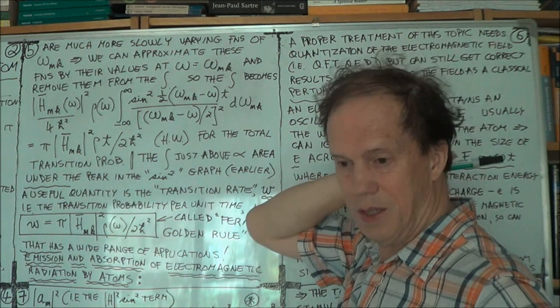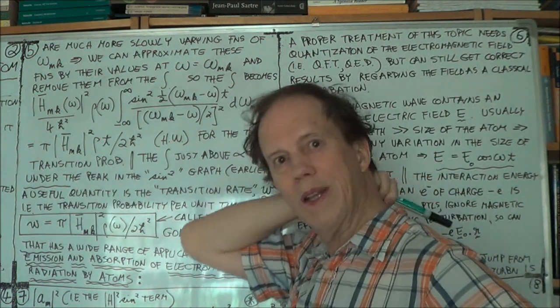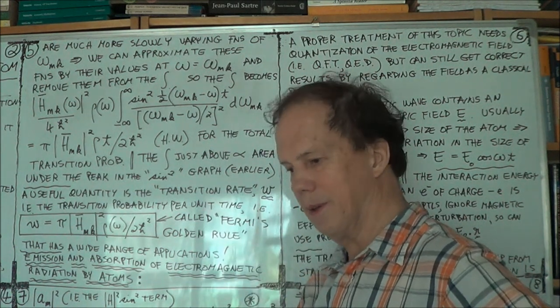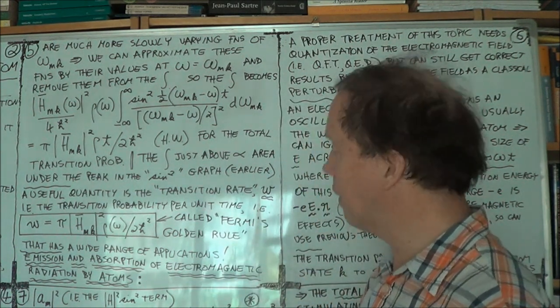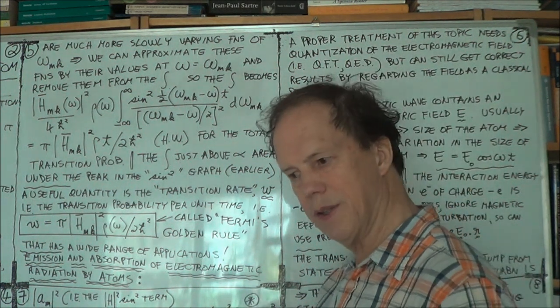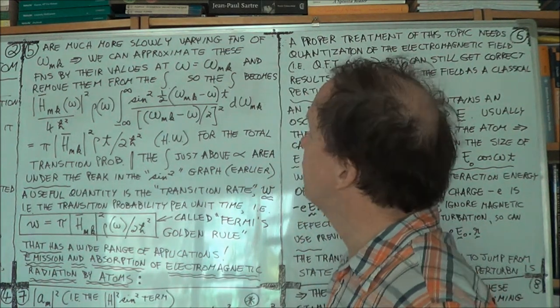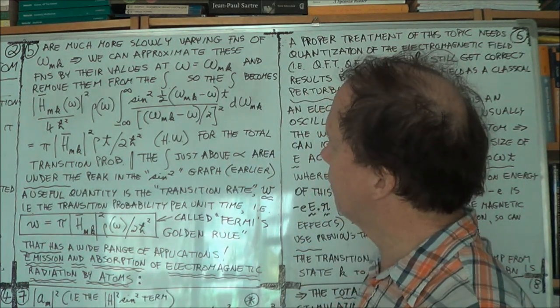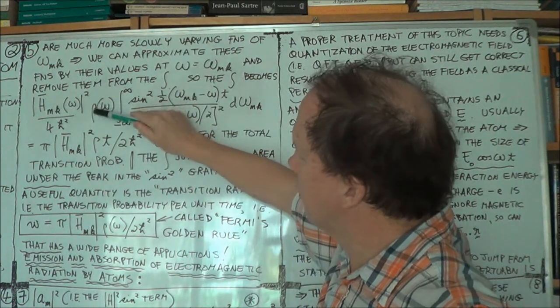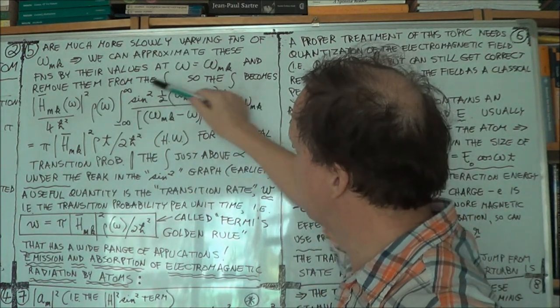So the density rho and the h bar terms vary much more slowly than the A_m squared, which peaks strongly. These appeared inside the integral before.